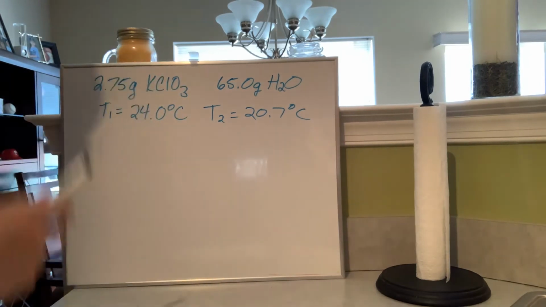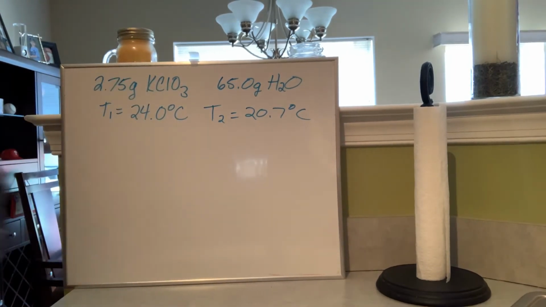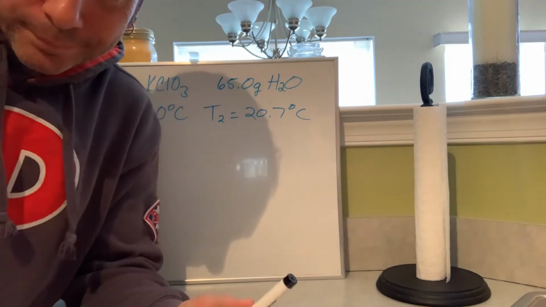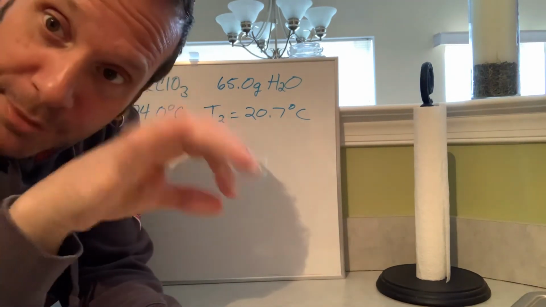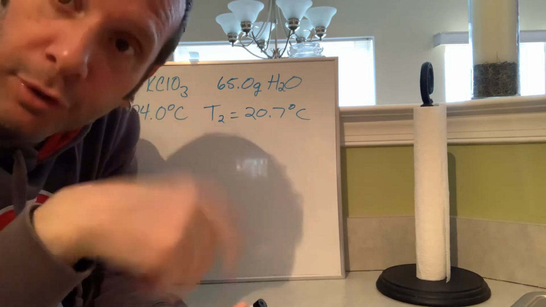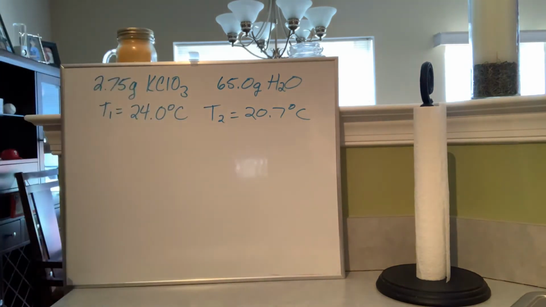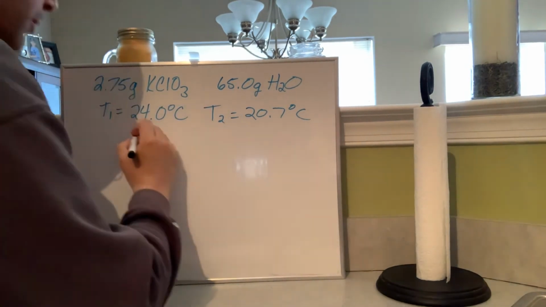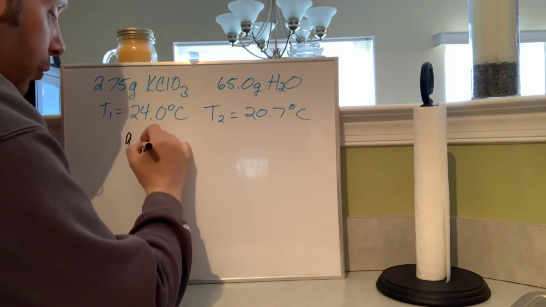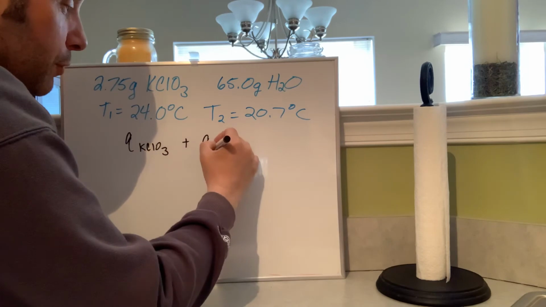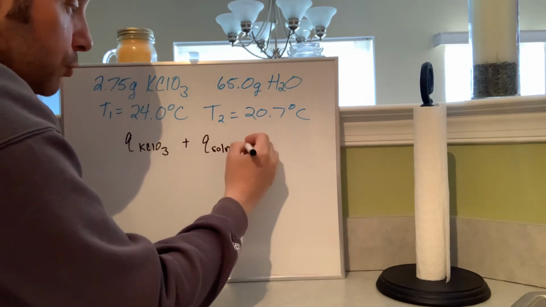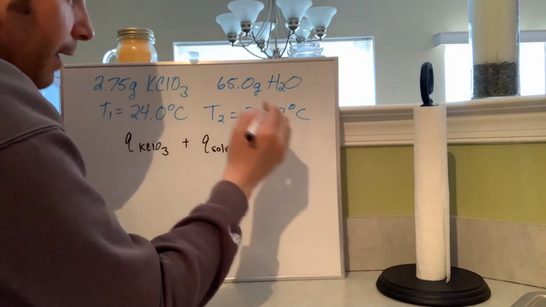All right, well, we have two things. The water temperature was not going to change, relatively speaking, until we drop the potassium chlorate in and dissolve it all up, right? So there's a Q value for the KClO3, and there's a Q value of the total solution, and it's going to add up to 0.